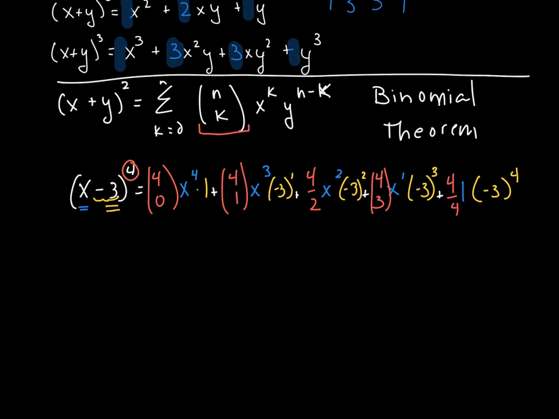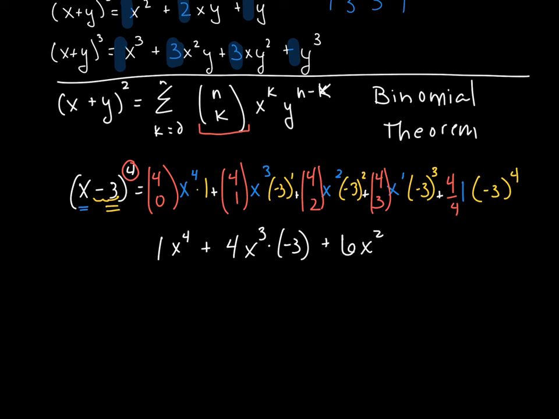So 4 choose 0 is 1, so that becomes 1 x to the fourth. 4 choose 1 is 4 x to the third times a negative 3. So I just completed my first term, my second term. Now I'm over here on my third term. So I have 4 choose 2, which is 6.